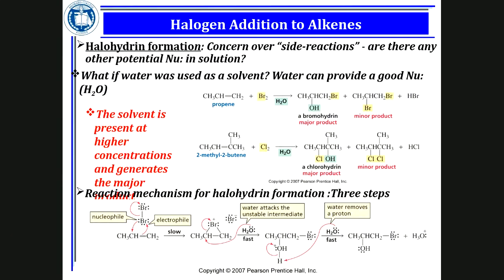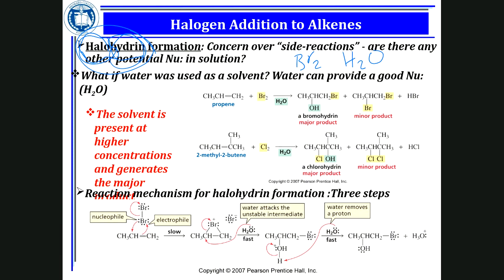Okay, addition of halohydrin. Halo is part of the halogenation, and hydrin is part of the hydration. So for halogenation, you add Br2, and for hydration, you add H2O.